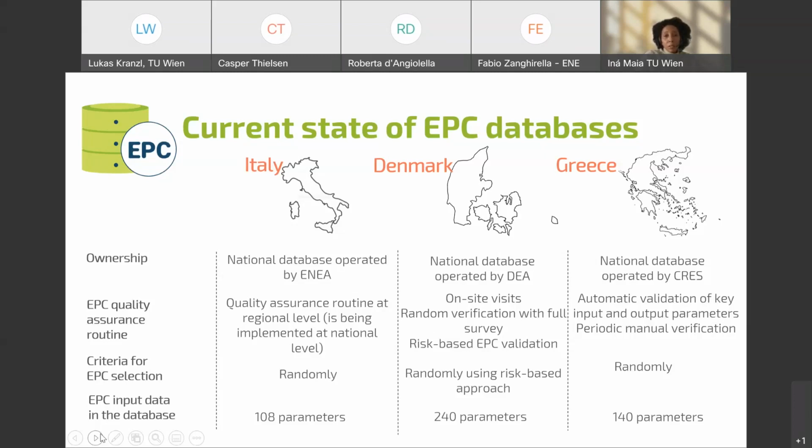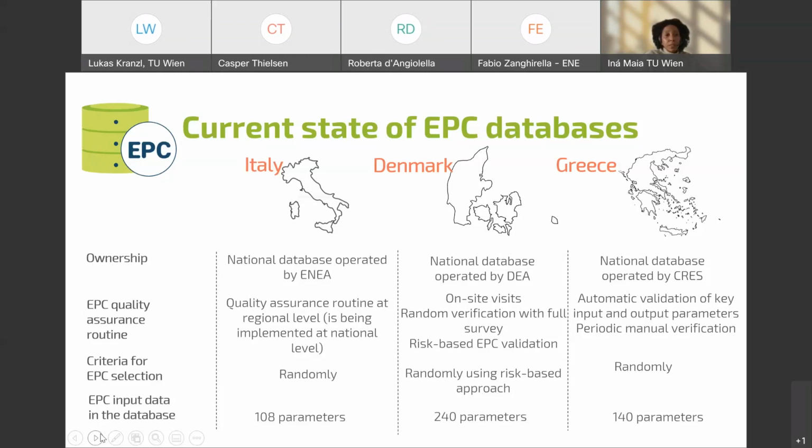Basically, the partners that we had on board are operating their national databases. Especially in Italy, there is also a regional database, so the national connects to the regional databases. In terms of quality assurance, in all of these countries there are already some routines.